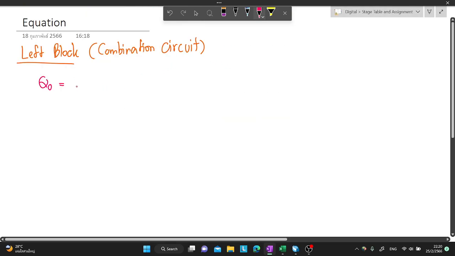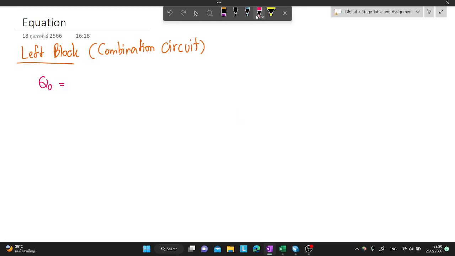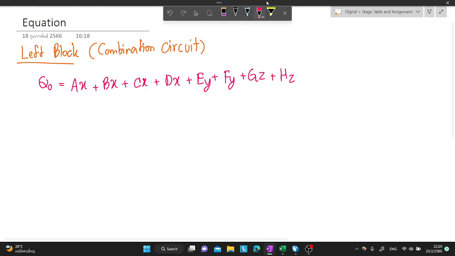Q0 is AX, BX, CX, DX, EY, FY, GZ, and HZ, and all of them just go OR like this. From the alphabet to the numbers is 0, 0.